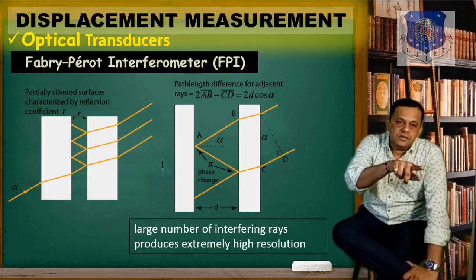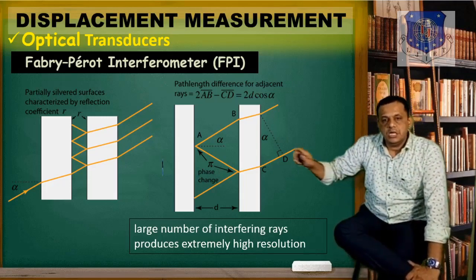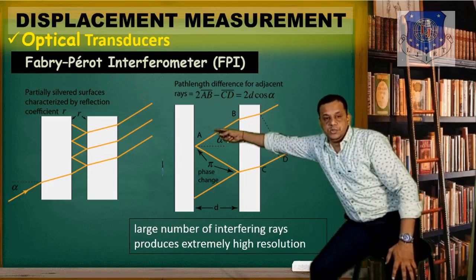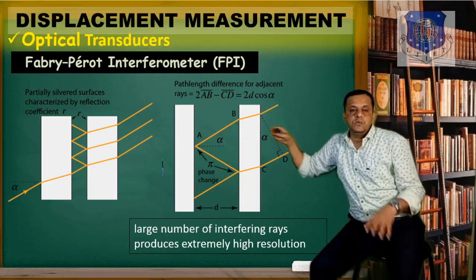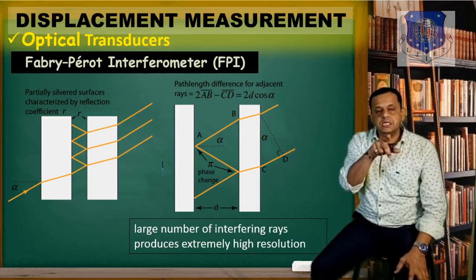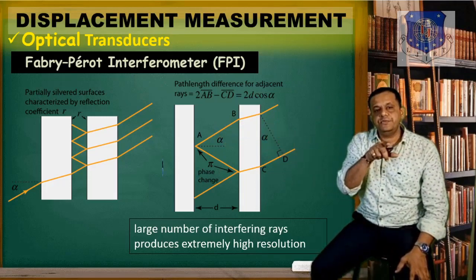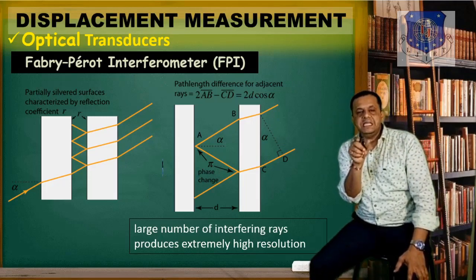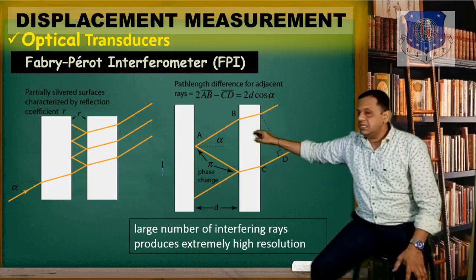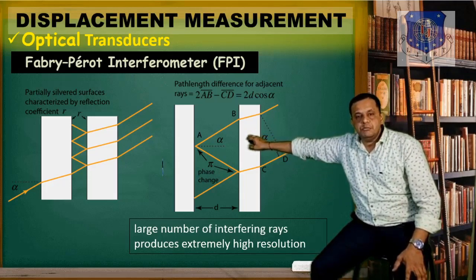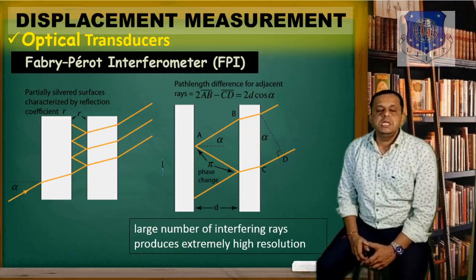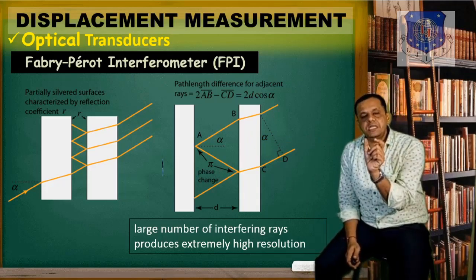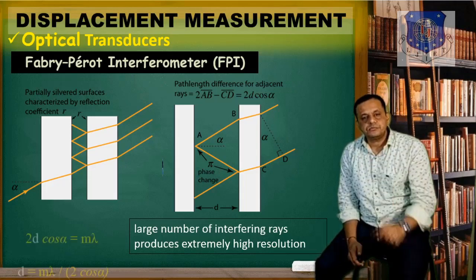Here you see the angle alpha in the first diagram, and in the second diagram, the rays are reflected and internally interfering, and then making one image. The path length difference can be calculated as 2AB minus CD equals 2d cos alpha, where small d is the distance that we have to measure.